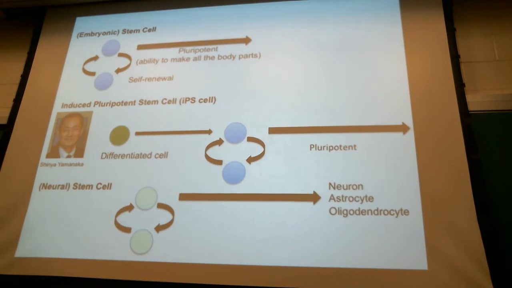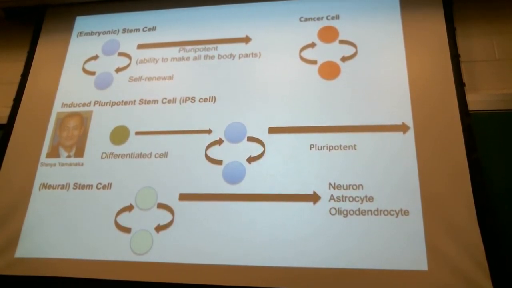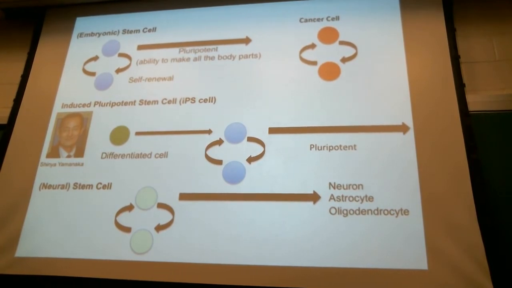And one more thing I would like to mention is cancer cells. Cancer cells have an ability to self-renew. In fact, they self-renew like crazy, and that's the problem. If you look at embryonic stem cells and cancer cells, they are kind of similar.